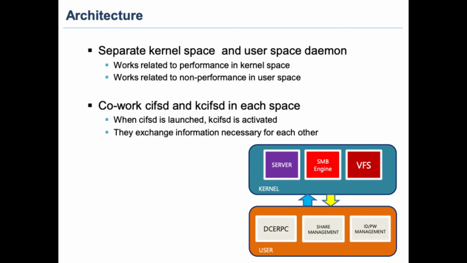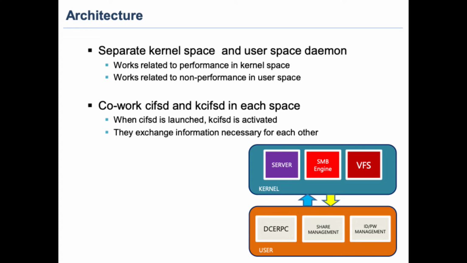Initially, I implemented all functionality in the kernel, but Steve French advised me to separate it into user space. So performance-related features such as the SMB engine are going to the kernel, and non-performance-related features such as DCE/RPC and user share management and configuration are separated into user space.